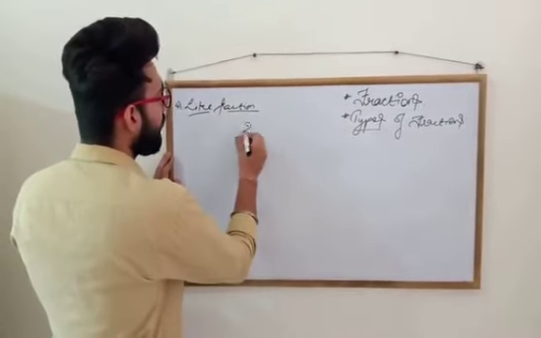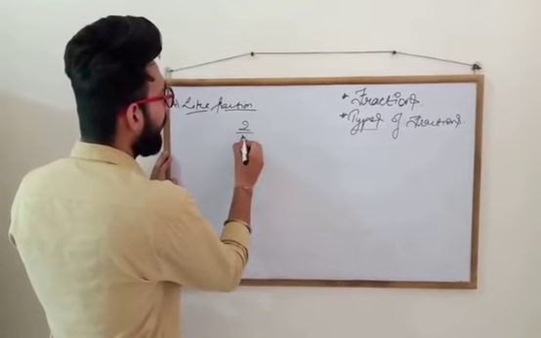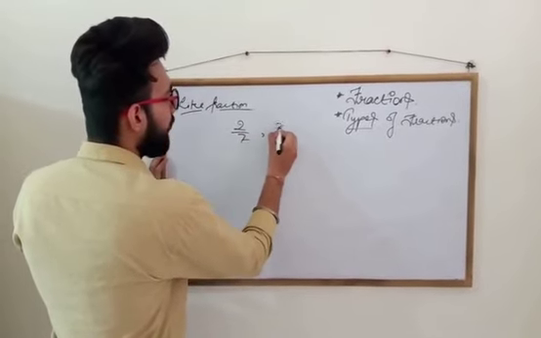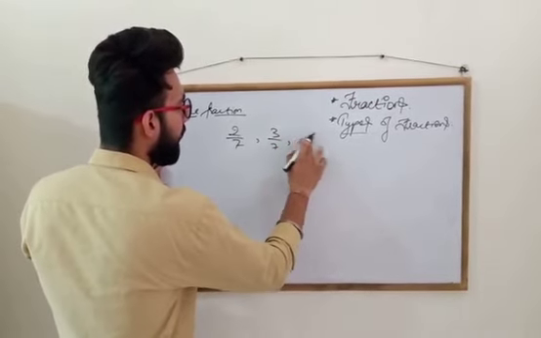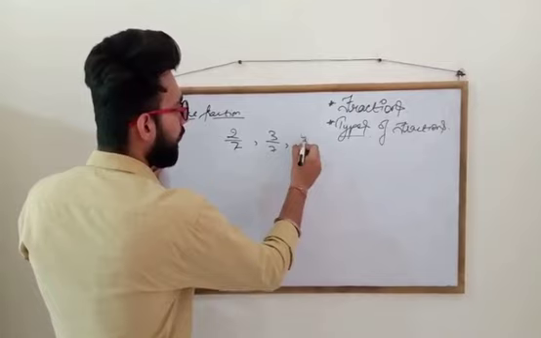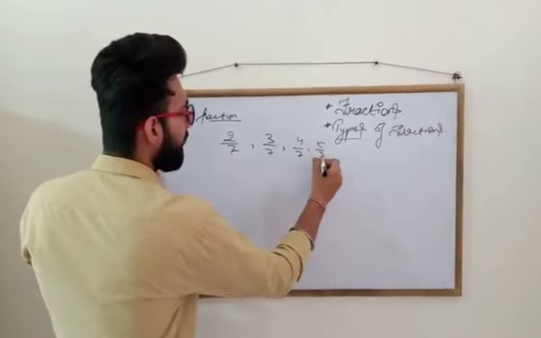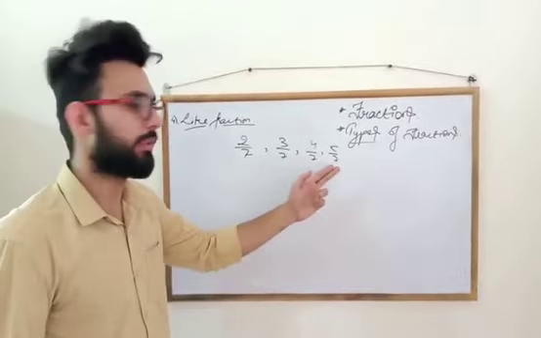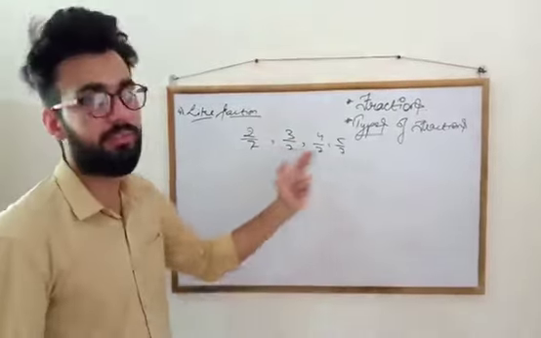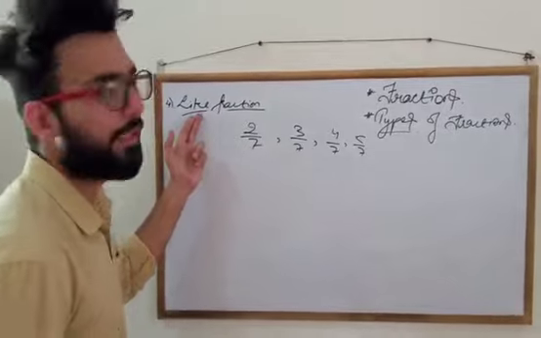We are having 2-3 fractions. One is 2/7, 3/7, 4/7, 5/7. In all the cases, you can see that the denominator is the same. So when the denominator is the same in all the fractions, we would term them like fractions.